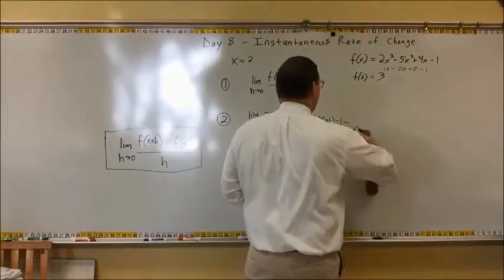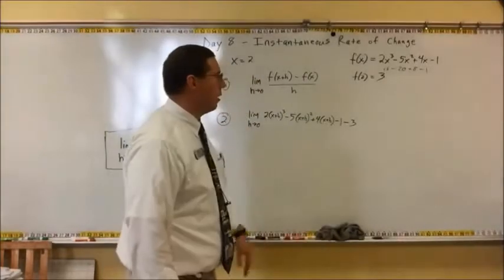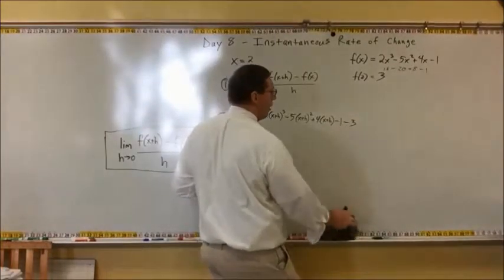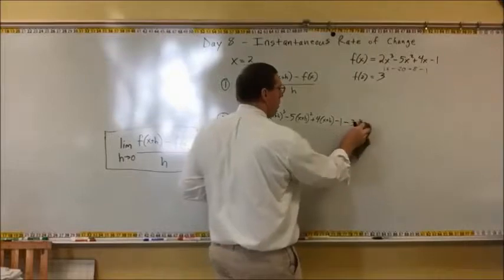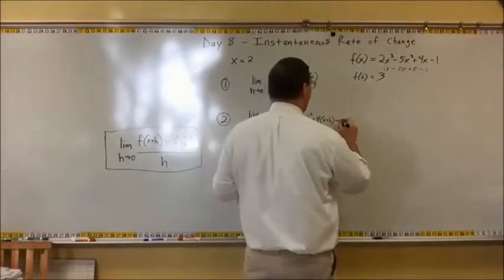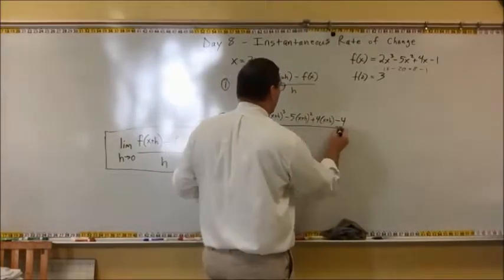So I'm going to put a 3 here. See that? My little shortcut? You can do that on all the problems if you want. And what is minus 1 minus 3? Negative 4. So really, we can just put minus 4 here, all over h.